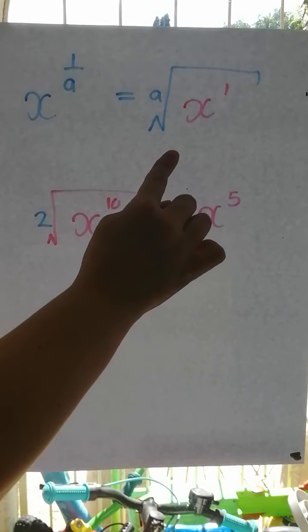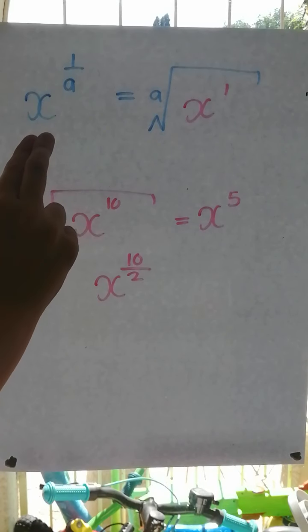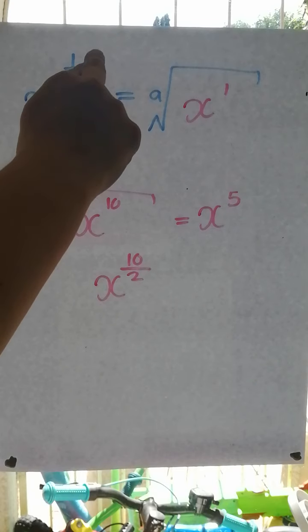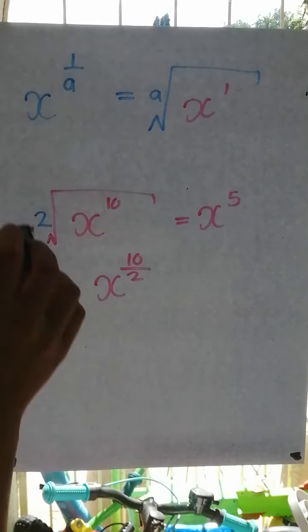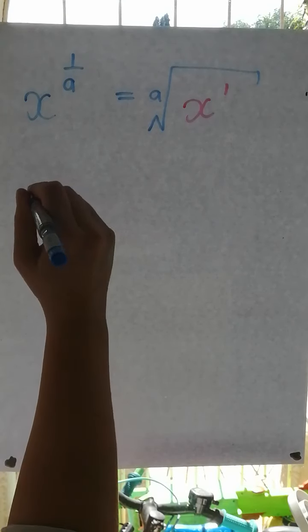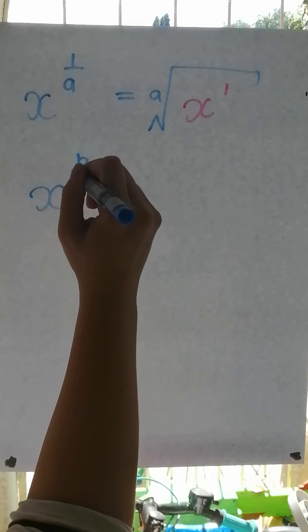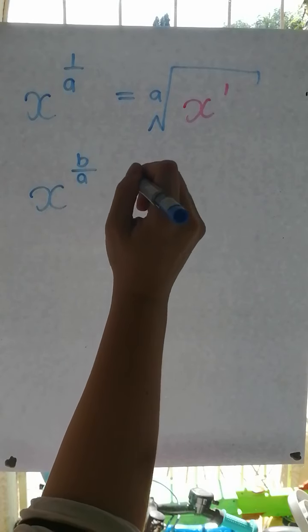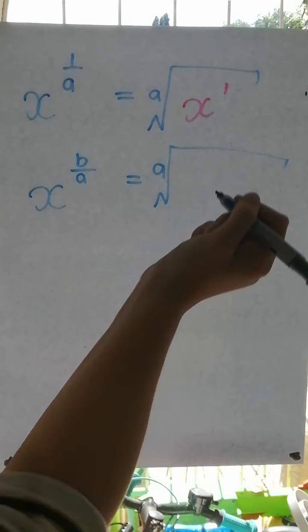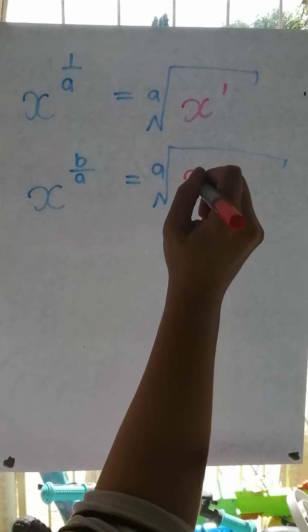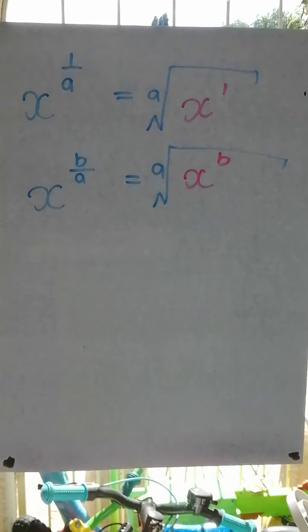So that is the first law: if I've got a power whose exponent is a fraction, I can write it in this form. So if I had a power whose exponent looks like this, who does the a belong to? The a belongs to the outside, the root sign, and this is x to the power of b.